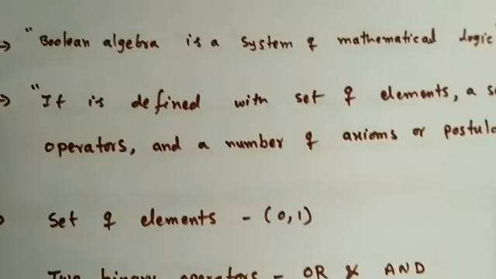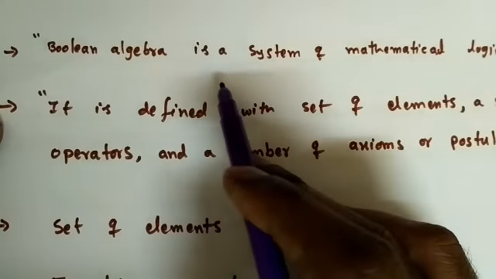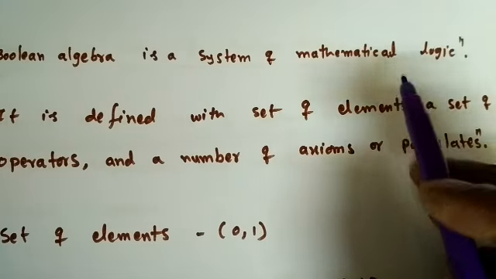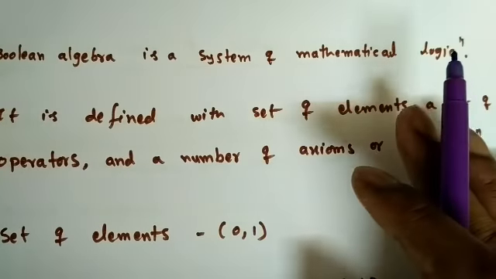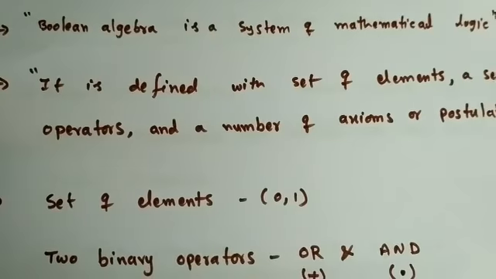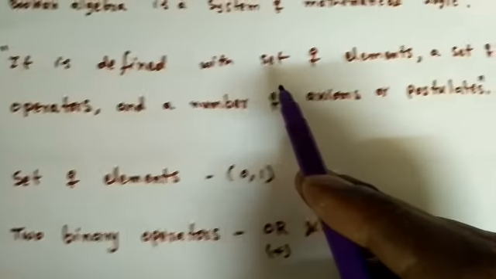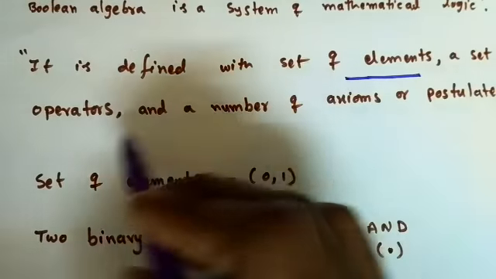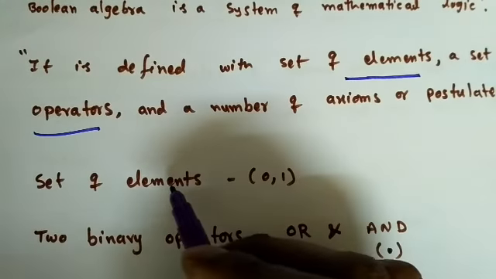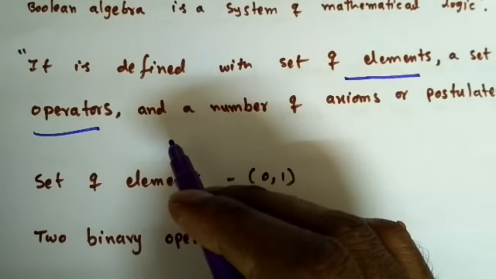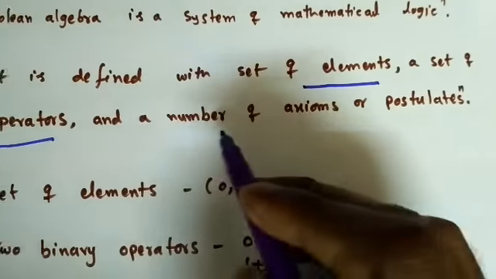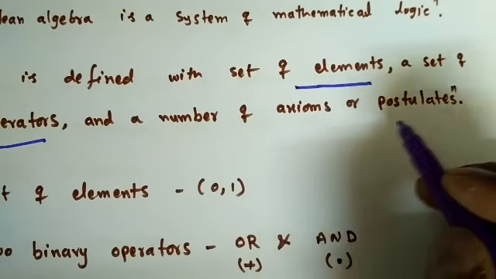I will give some definitions first. Boolean algebra is a system of mathematical logic. Remember, mathematical logic, so it always deals with logic only. It is defined with a set of elements, a set of operators, and a number of axioms or postulates.